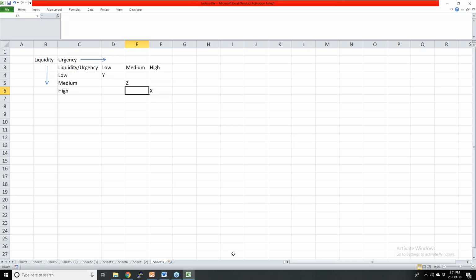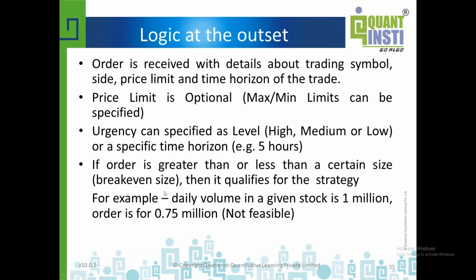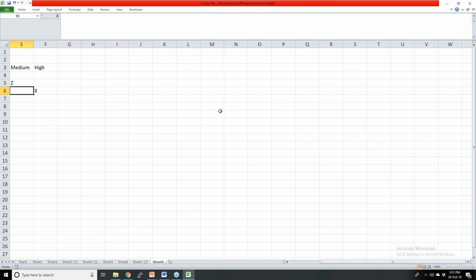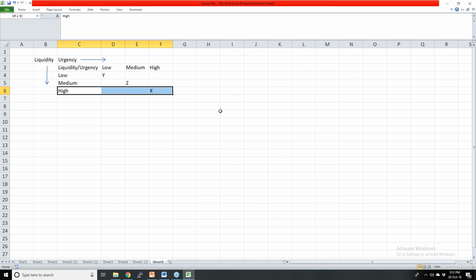So just as soon as you receive your call, right, you would figure out where it lies. Is it a stock which is very liquid, right? So very high liquidity, very less time left, very urgent, right?